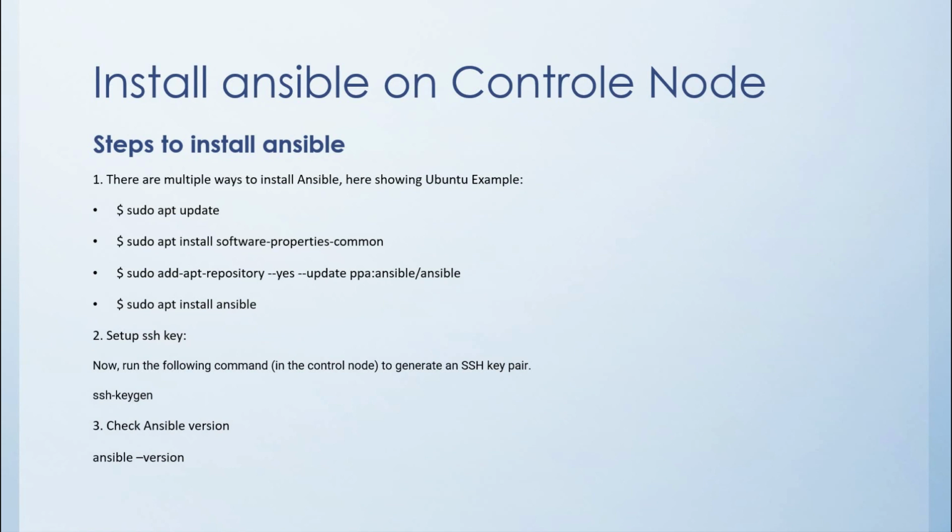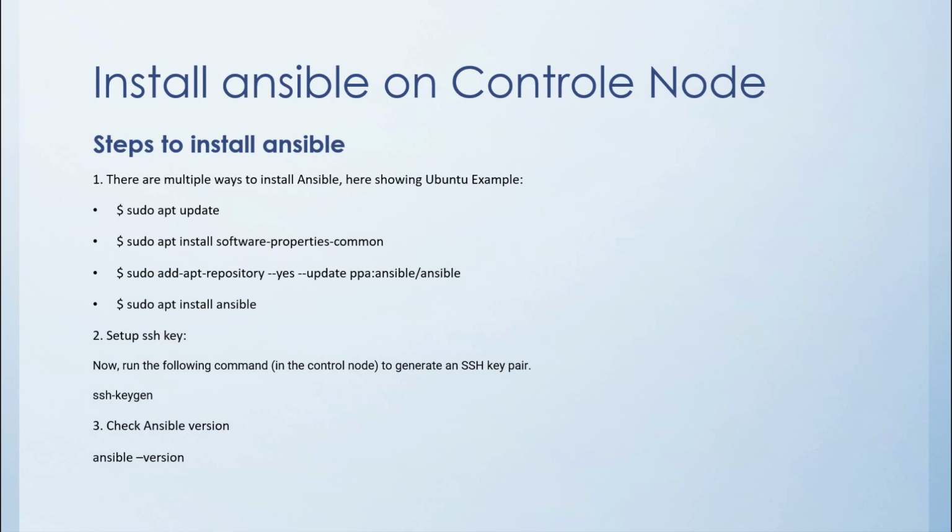Steps to install Ansible. If you are using an Ubuntu machine, then the commands will be: first update all the packages with sudo apt update, then sudo apt install software-properties-common. It will install all the common properties.